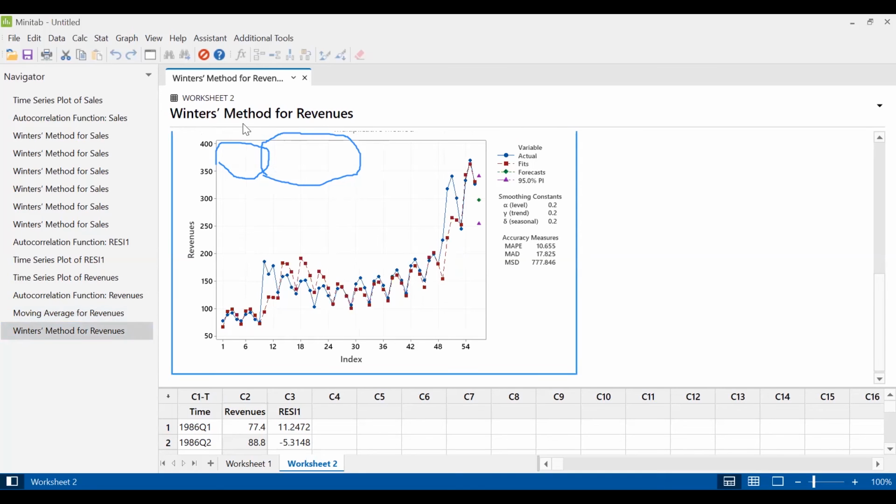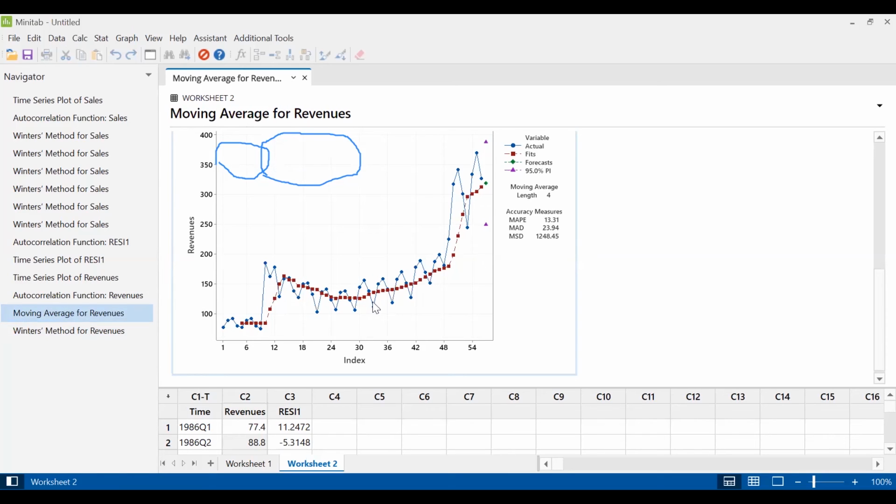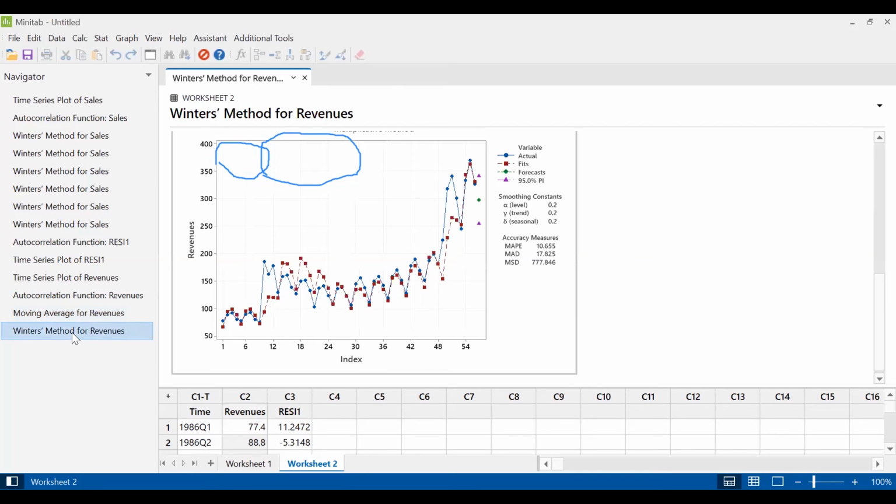All right, from the Winters method, MSD turns out to be around 700, but from the moving average method, MSD turns out to be 12,048. That is much higher. All right, but we just started with the default level alpha, gamma, and delta. We should try a few more to see if we can get a better model.